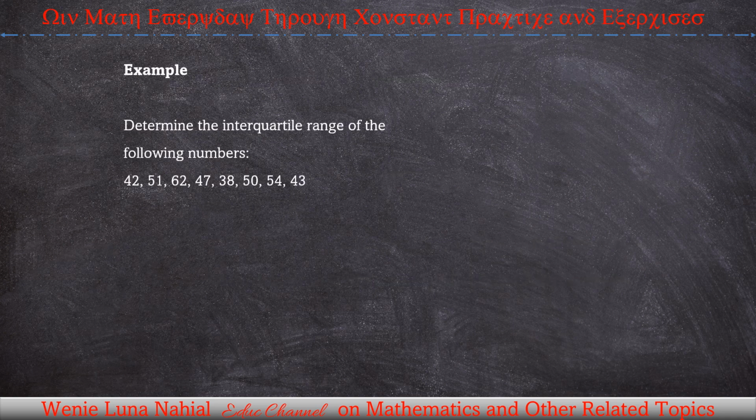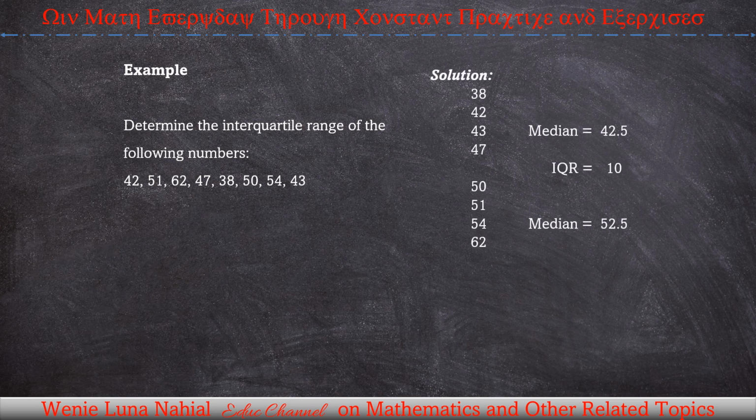Example, determine the interquartile range of the following numbers: 42, 51, 62, 47, 38, 50, 54, 43. So, in determining the interquartile range, we have to follow the given steps. First, we have to arrange the numbers.